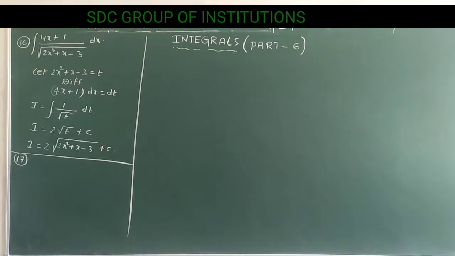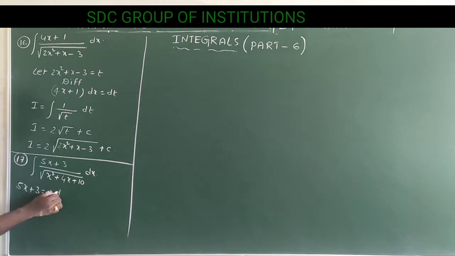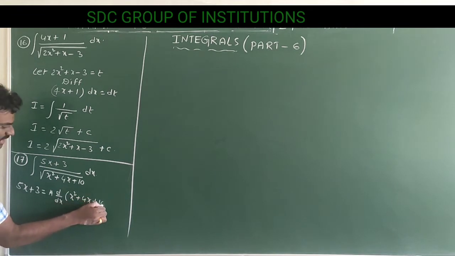Next, 17th question. Integral 5x plus 3 by under root of x square plus 4x plus 10 dx. Okay. Now this can be written as px plus q is equal to a into d by dx of (ax square plus bx plus c) plus b.